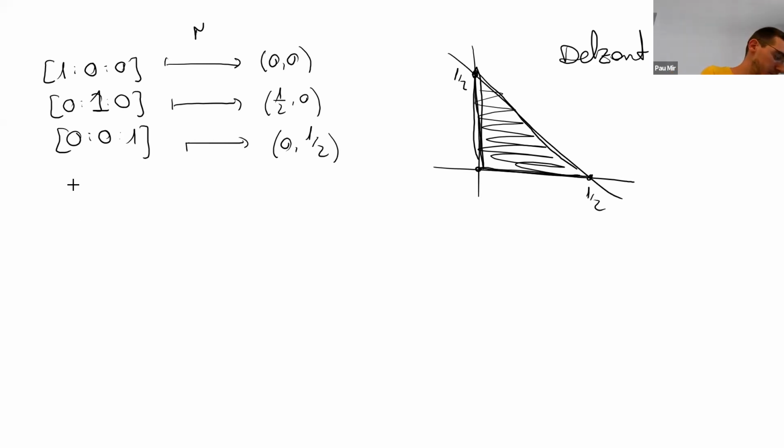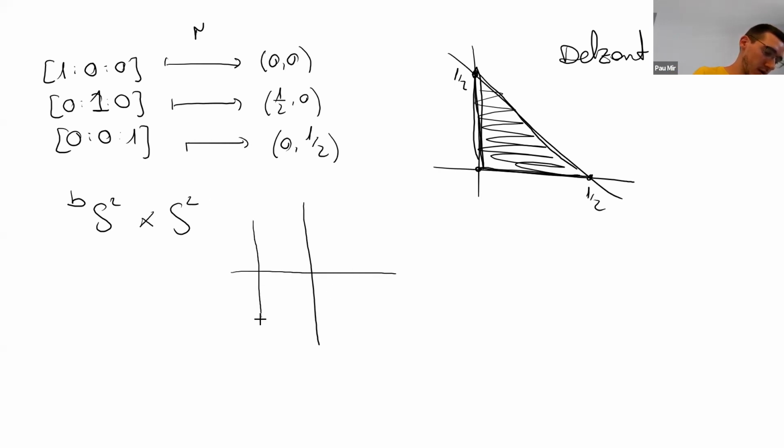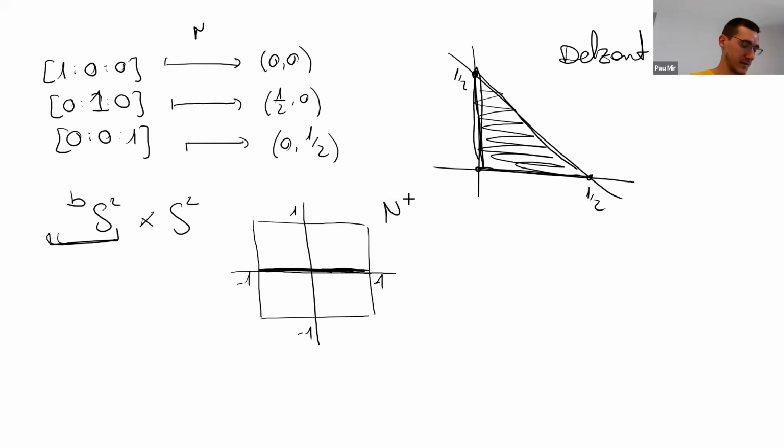If we consider the product of a B sphere times a symplectic sphere, as I mentioned too, we know that this moment map is a square that goes from -1 to 1 in both directions, but that has a singular segment here, which is the equator of this sphere. So the moment map would have one interruption.